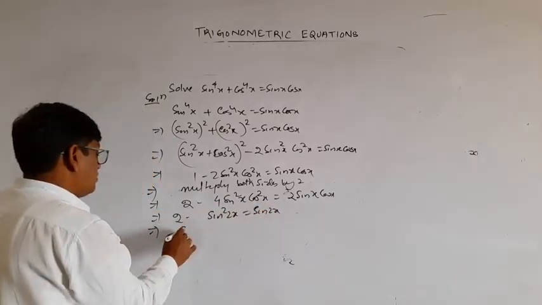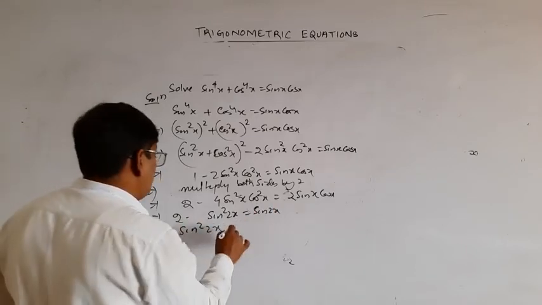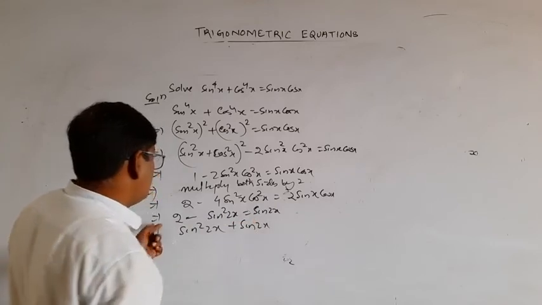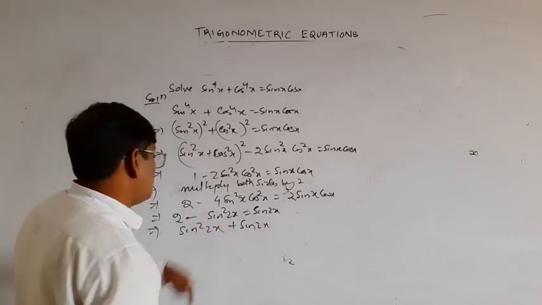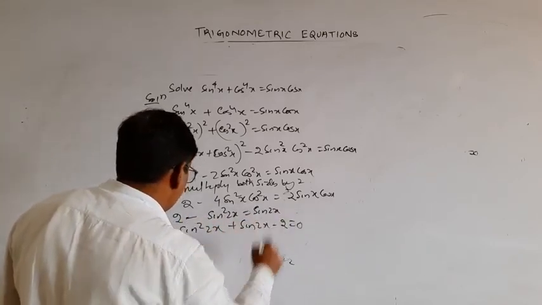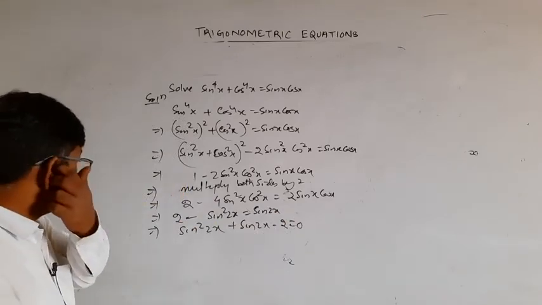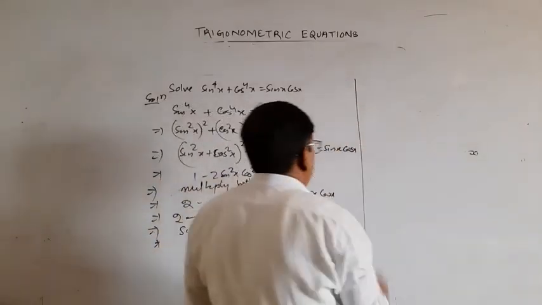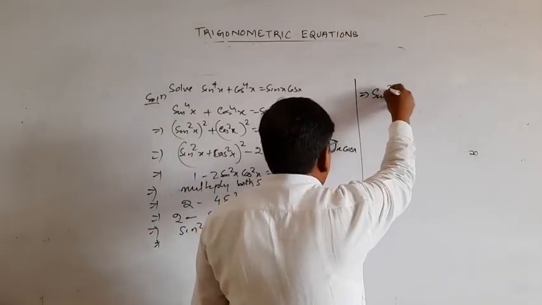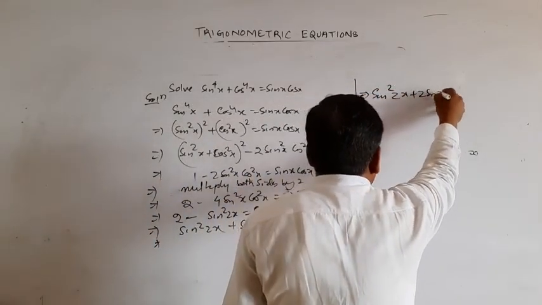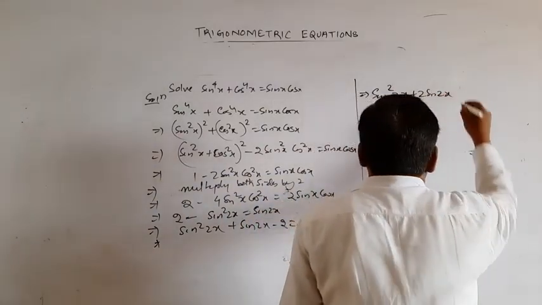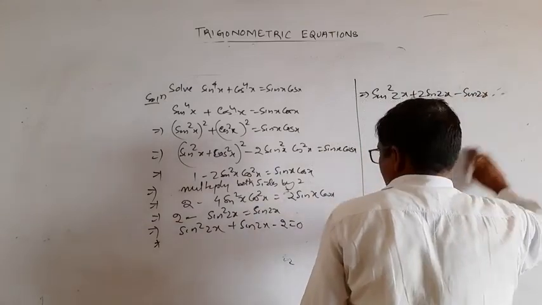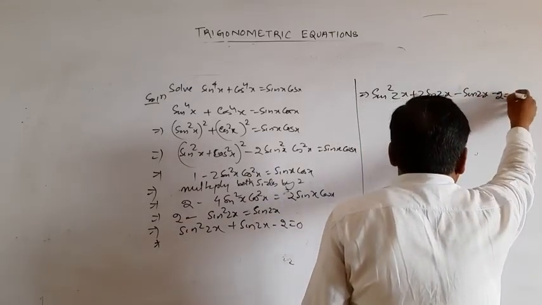Now, this is sin square 2x plus sin 2x minus 2 is equal to 0. This is a quadratic equation, that is what we can write here, sin square 2x plus sin 2x minus 2 is equal to 0.